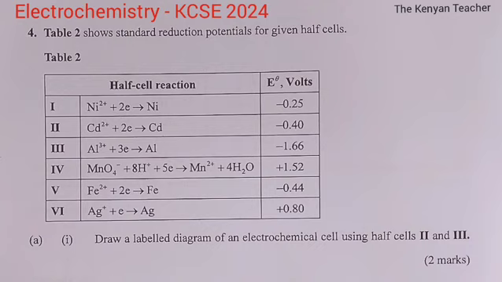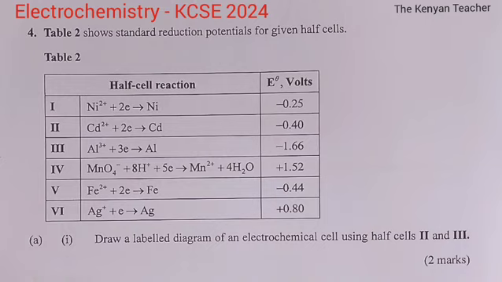And finally, at number 6, we have silver ions being reduced to silver. The reading on the voltmeter is positive 0.80. We now proceed to look at the questions that were tested based on the table.